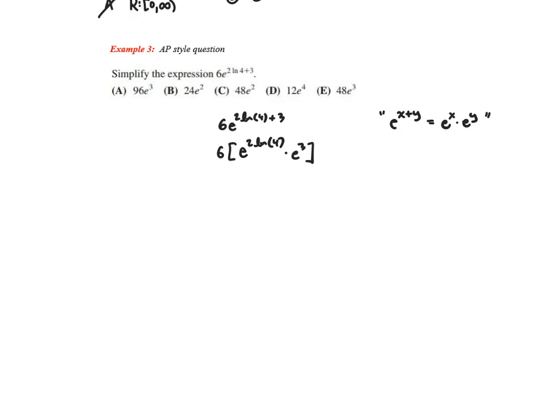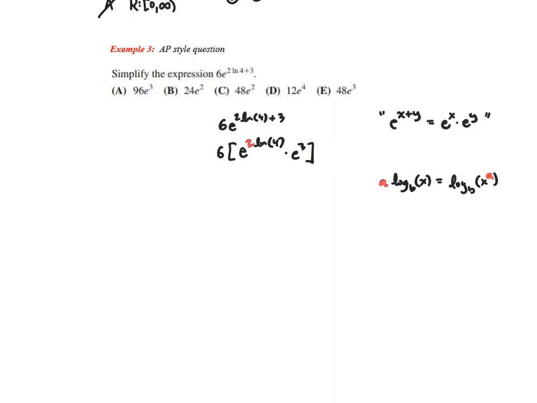Now I'm going to use this property. Let me see how I want to write this. How about a times log base b of x is equal to log base b of x to the a, where a in this case is going to be that 2.